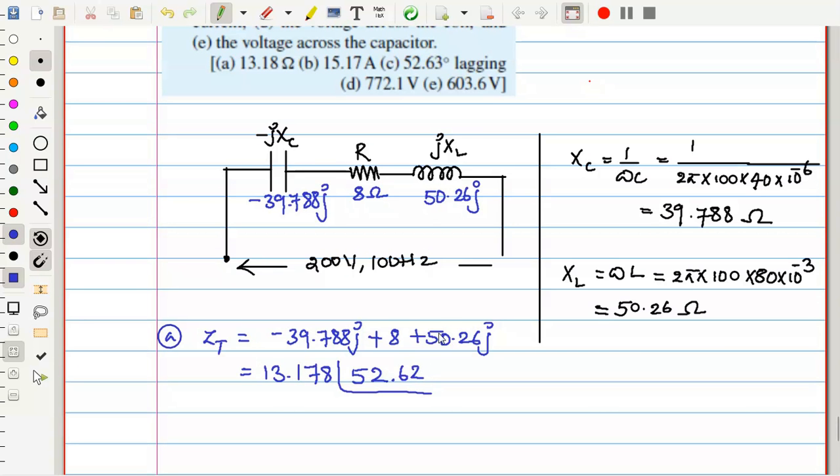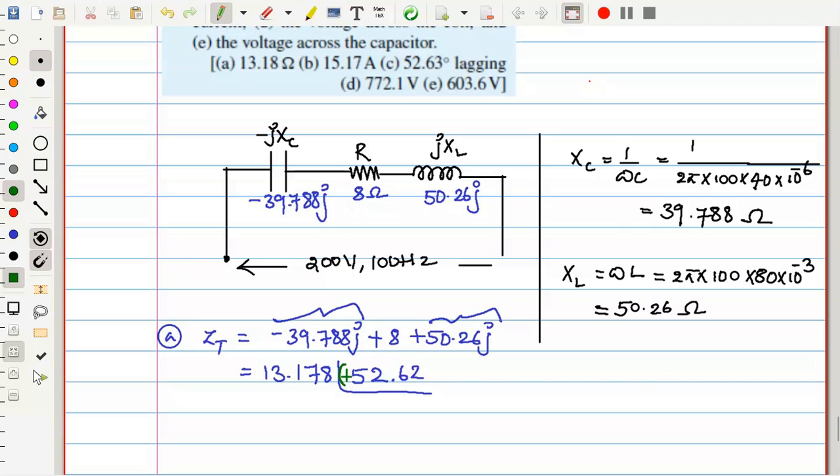See, the inductive part is more. The capacitive part is less. So what is the resultant of that? It looks inductive. In the inductive case, the angle should be positive. Check your calculator once again. Type properly. Plus, right? Yeah. So the angle is plus.